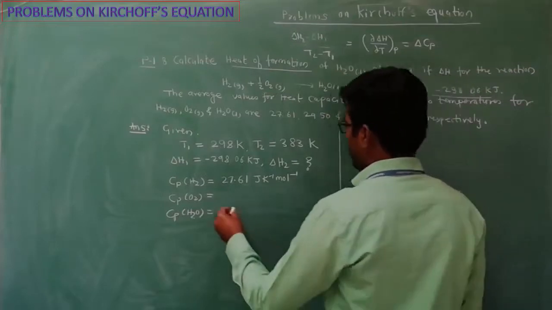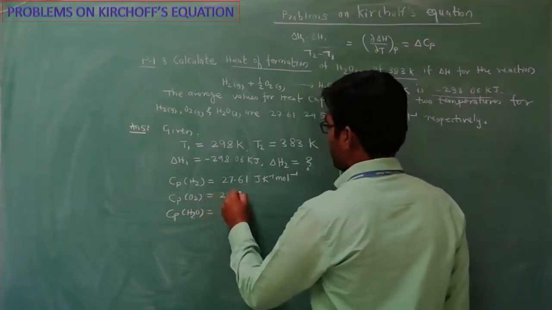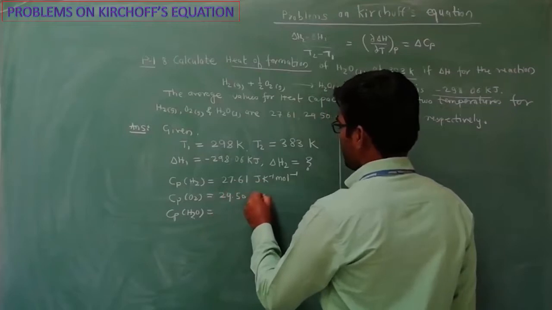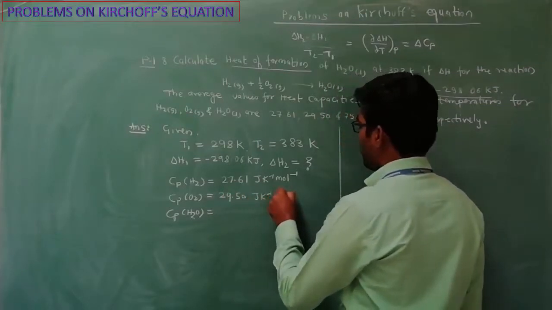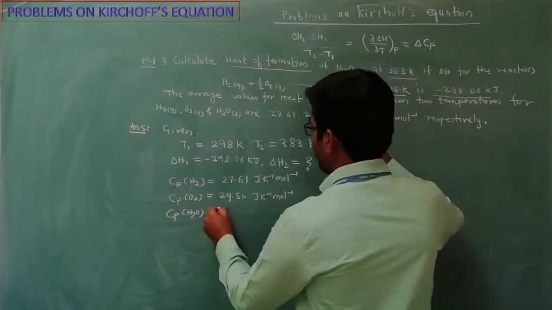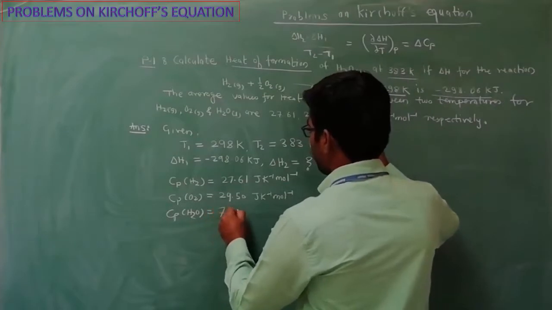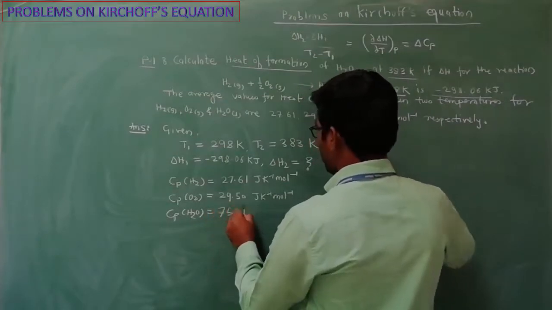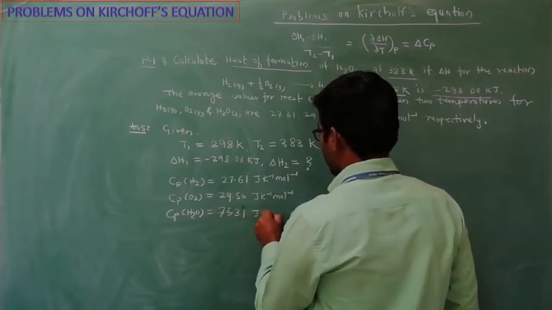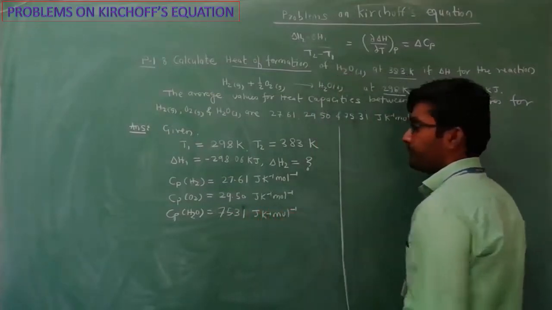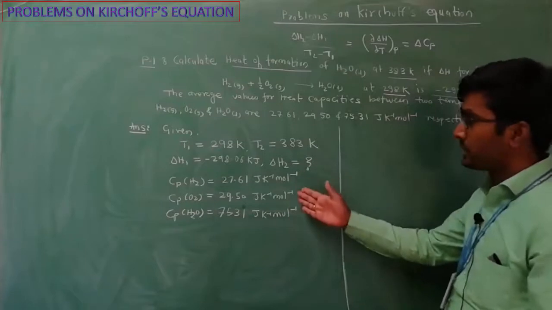Cp for oxygen is 29.50 joule per Kelvin per mole, and the next value is 75.31 joule per Kelvin per mole. These three values are given.